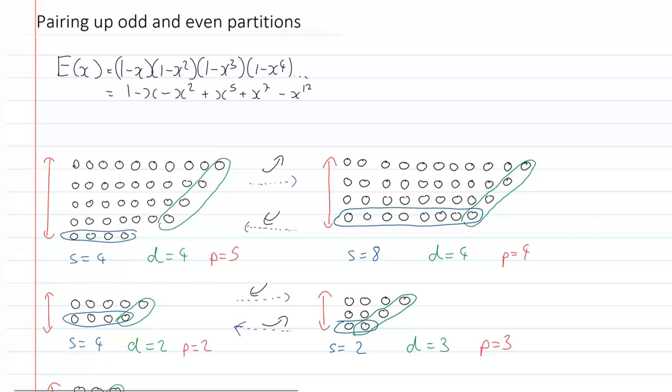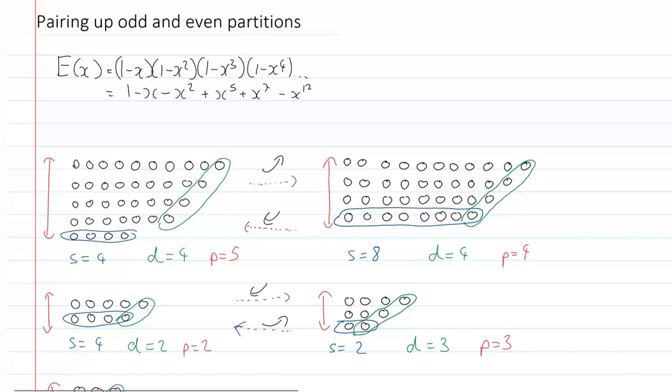So we talked about this in the session, and the idea we came up with was to look at the Ferrers diagram, or the dot diagram for a particular partition, and to perform the following manoeuvre. If you look at the shortest or the smallest part, which I've called S in blue, and if that is sufficiently small, then you remove those dots from the diagram, removing the bottom part, and add one dot each to the first S rows of the diagram.